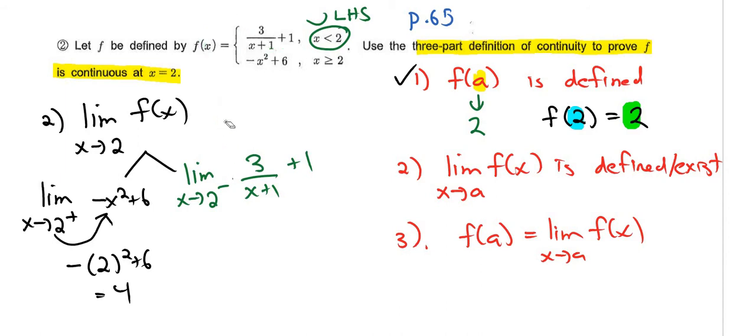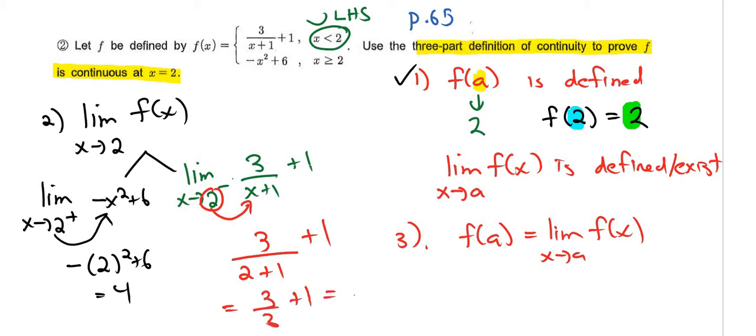With this question, we can just do a direct substitution. So I circled my 2 here, plug that in. This will be 3 over 2 plus 1, and then plus 1. So this will be 3 over 3 plus 1, so that's going to be 1 plus 1, which equals 2.